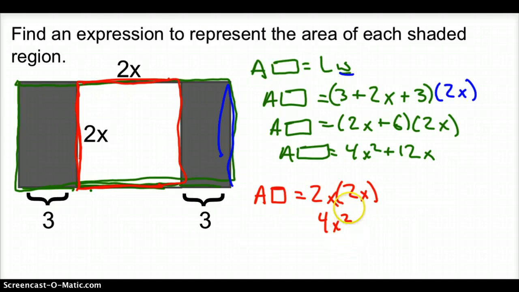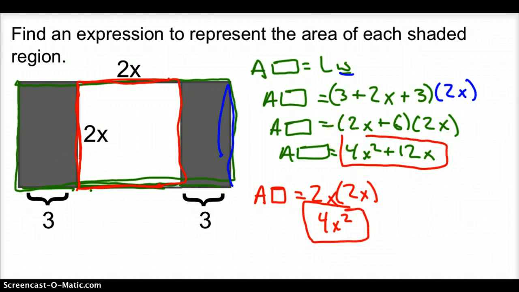So now we're not quite done yet. What do I have to do with that 4x squared and this 4x squared plus 12x? Remember, we're trying to find the area of the shaded region. So this whole thing would be shaded, but what do we have to take out? We have to take out this white area. So how do we take out in math? We have to subtract this from this.